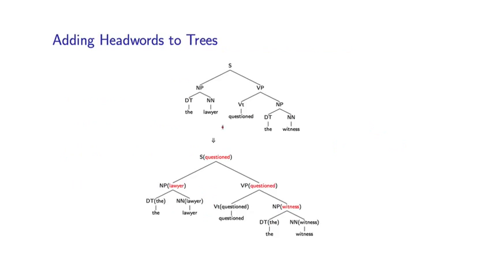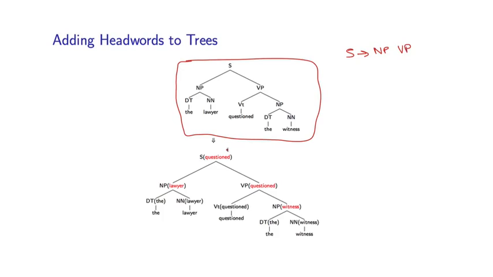So why are we doing this? The main motivation is going to be the following. In a moment I'll show how once we have these annotations of heads in rules, we can use them to propagate lexical information up through the tree. So we will actually transform our tree bank from these kind of structures, which are kind of vanilla PCFG structures with rules such as S goes to NP VP.